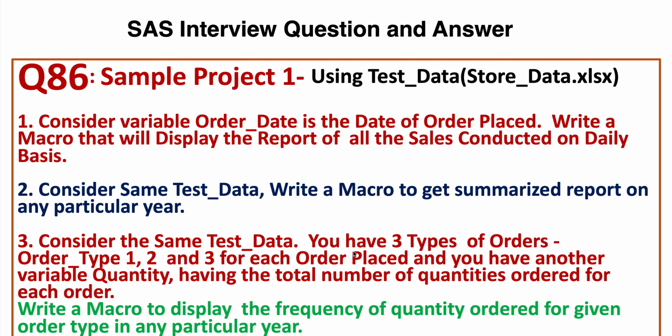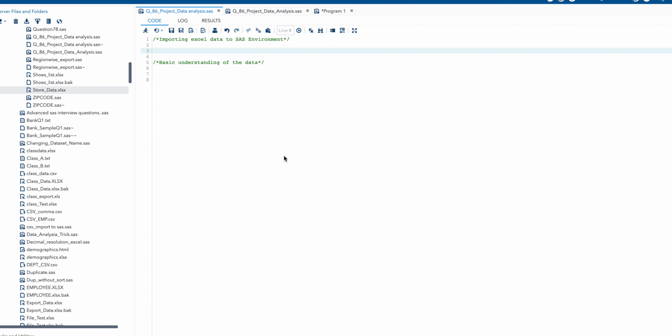Our task is to write macro code to display the frequency of quantity ordered for a given order type in any particular year. That means we have to write macro code so that we can provide a year and order type so that it can create a frequency table for quantities for that year and for that specific order type.